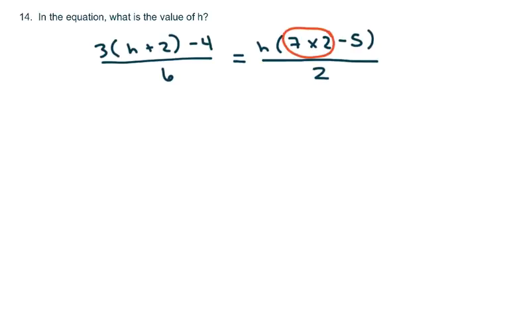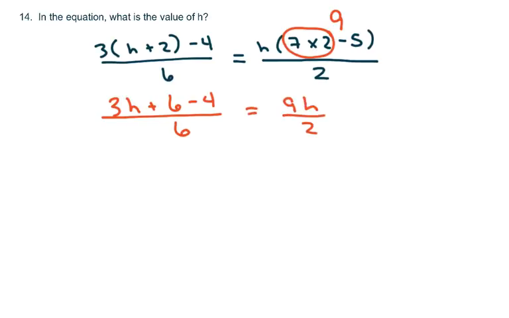That's 14. And 14 minus 5 is 9. So I'm just going to go ahead and put the 9 there. Now go ahead and distribute. You get 3h plus 6 minus 4 over 6 equals 9h over 2.